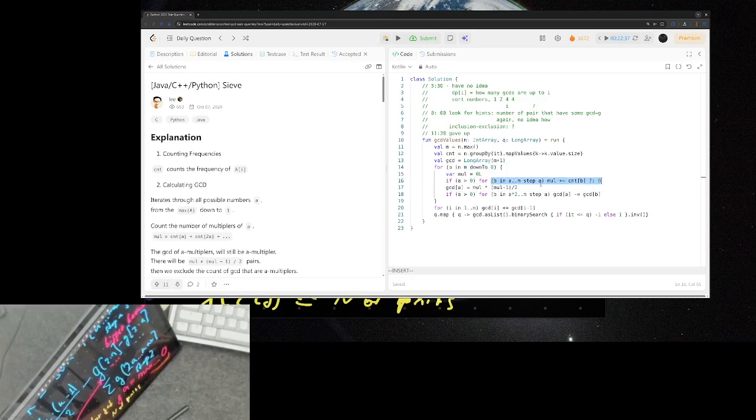We count multipliers by just adding the number itself and counting the frequency if we have one. After that we use this formula for the pairs, and then we subtract the already calculated multipliers, the GCD of a, and we do minus GCD of 2a, and so on.